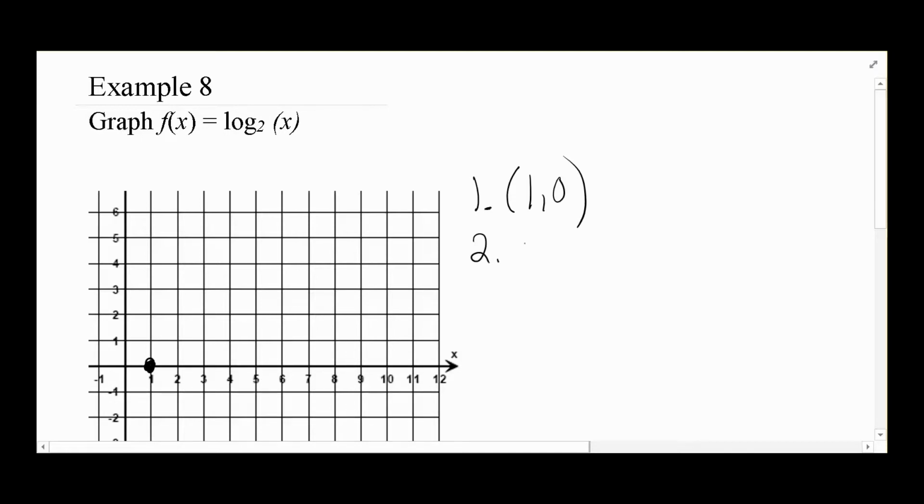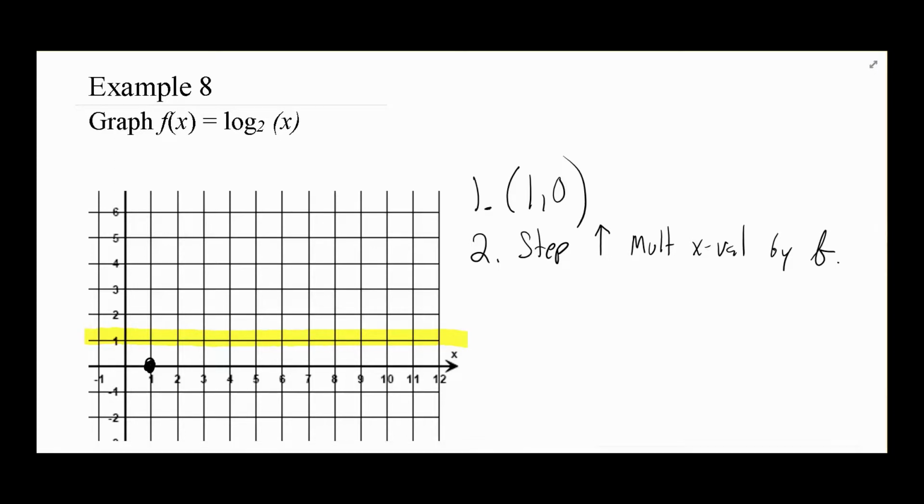Step 2 says if you take a step up, then multiply the x value by your base. So if I take a step up, that means I want to graph something on that horizontal line there.